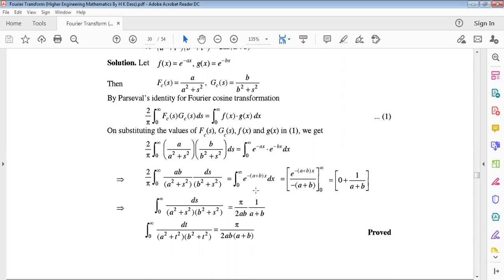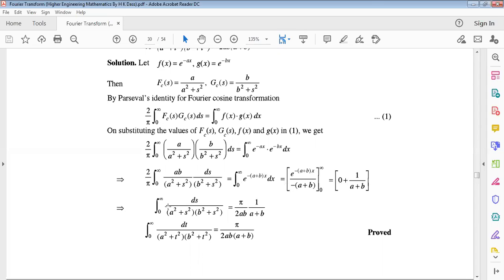Now taking the integration, the e to the power x formula: just divide by the coefficient of x. Coefficient of x, what? Minus (a plus b). This is why we divide by minus (a plus b). We get, just putting the upper limit and minus the lower limit, 0 plus 1 by (a plus b).